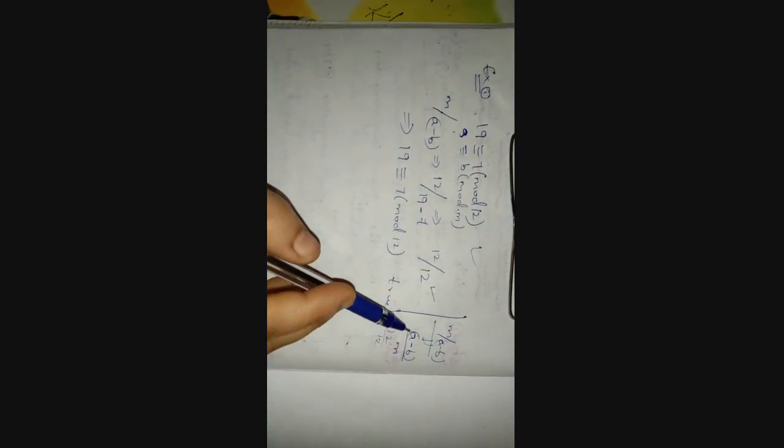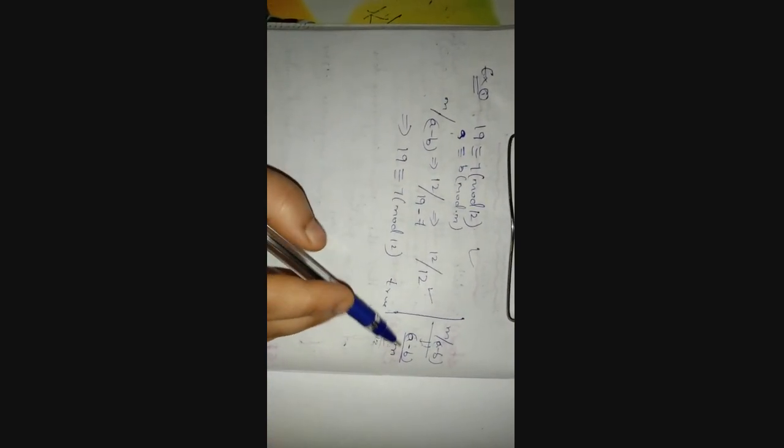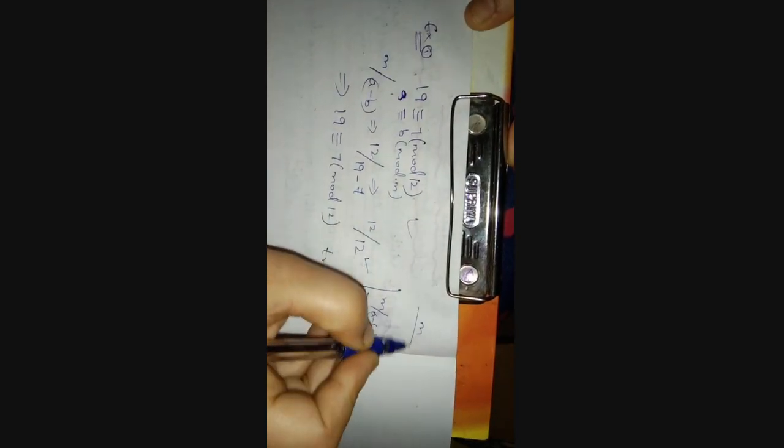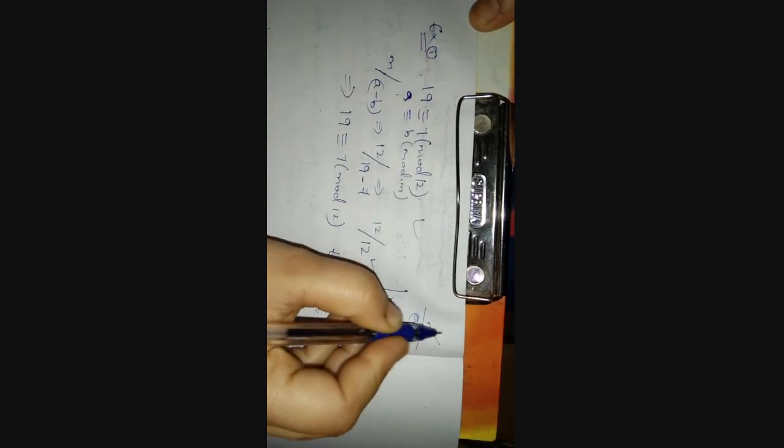Don't get confused: m divides a minus b is totally different from a minus b divided by m. Don't write m divided by a minus b, that is totally wrong. I'll keep explaining this over and over, so keep it in mind.